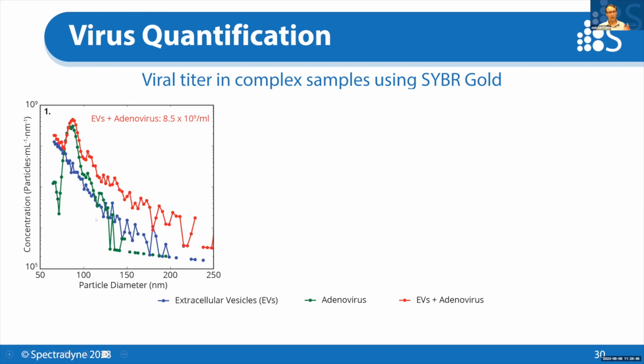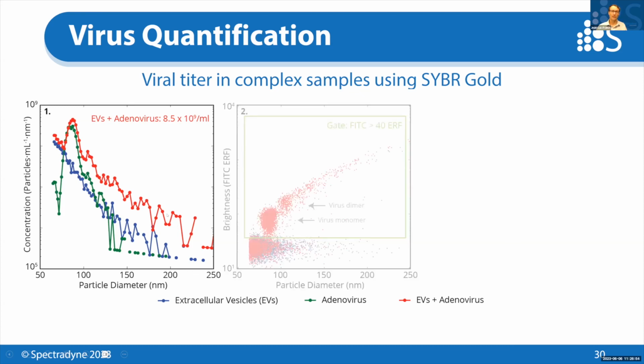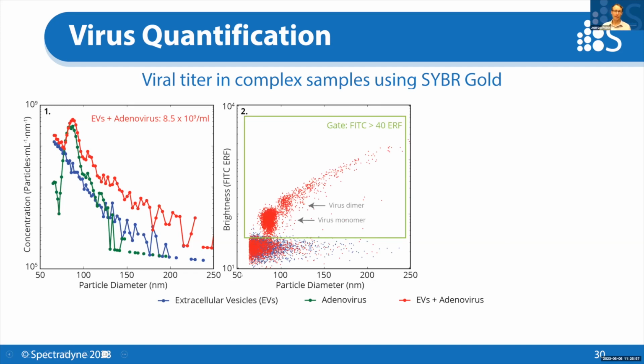But now on the ARC, we have more than just the electrical measurements to do. So let's look at the fluorescence from the same sample. Now what I'm plotting here is the brightness, again, in real FITC units. SYBR Gold is essentially a green dye.